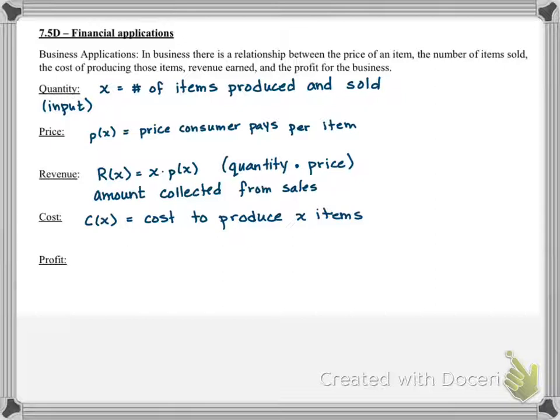And then the profit is just the net gain or loss that the producer experiences as a result of producing X items and then selling all of them. So profit, that's going to be big P of X, is equal to the amount of money that you bring in from selling the items minus the amount of money that you had to spend in order to make them.